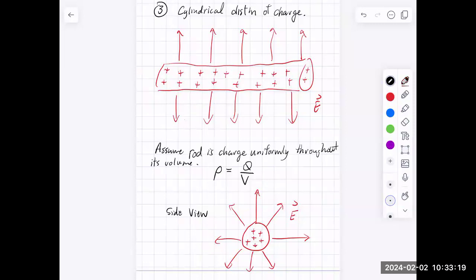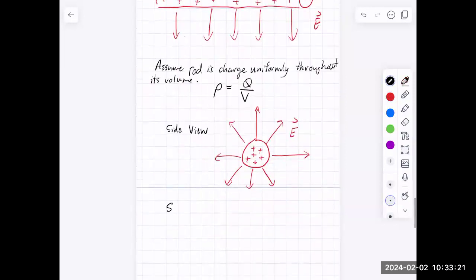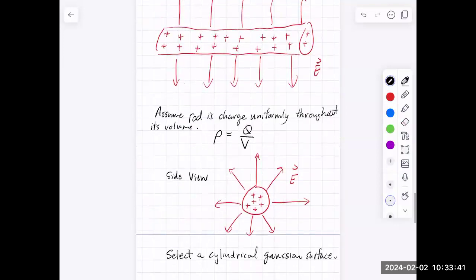So we're going to select a cylindrical Gaussian surface. I'll draw that for you, and then we'll talk about the reasons for this. My Gaussian surface might look something like this. I'll give it some radius R, and we'll give it some length L.